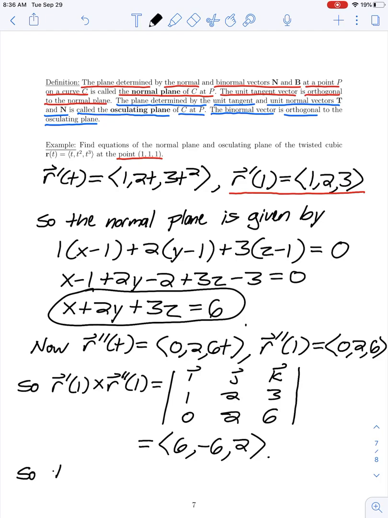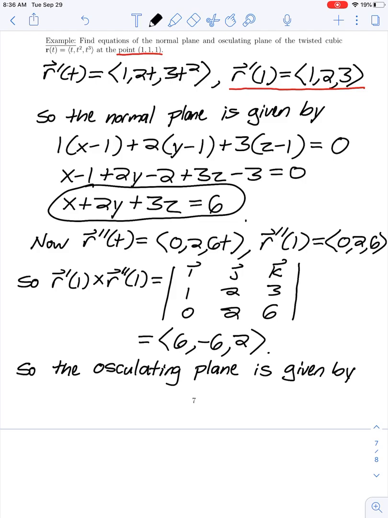So the osculating plane is given by the equation 6 times x minus the x coordinate for our point, which was 1, plus our next component, negative 6 times y minus 1, plus the third component, which was 2 times z minus 1, is equal to 0.